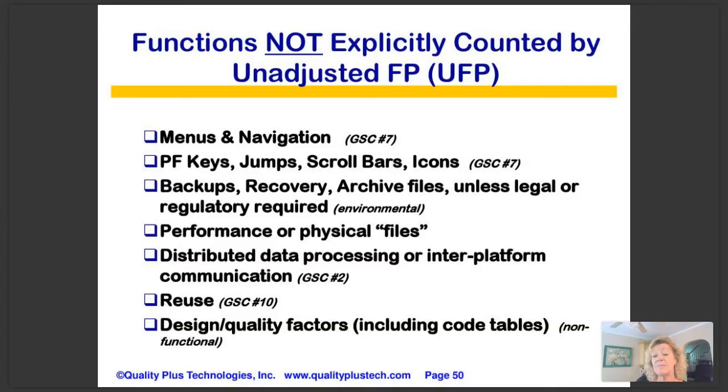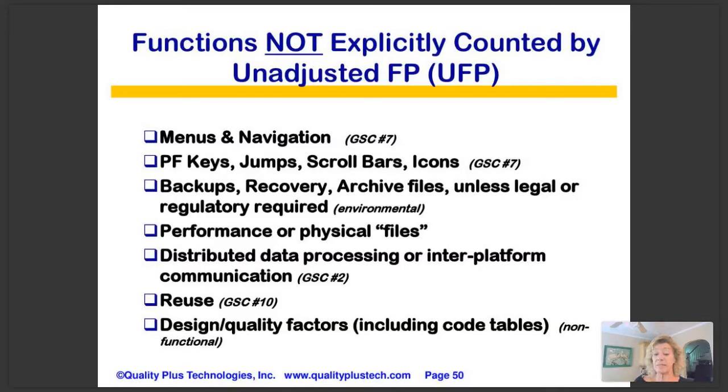So if you have to keep tax file backups, and that's a regulation, it's a government requirement, then you would count it. But if it's normal backups, normal recovery, we have a general system characteristic that counts that. Performance or physical files, we can't count that at all. It's not a user requirement, that's how we built it.